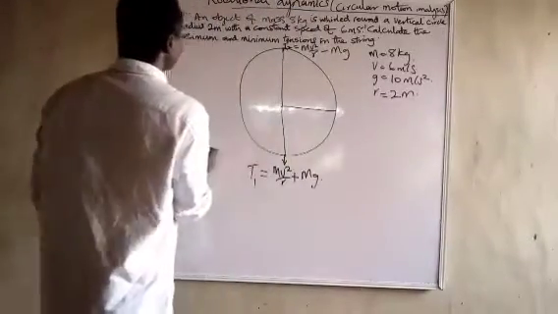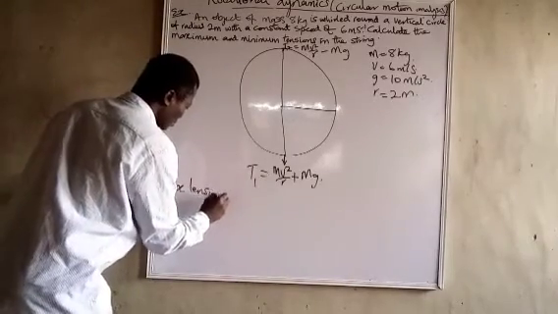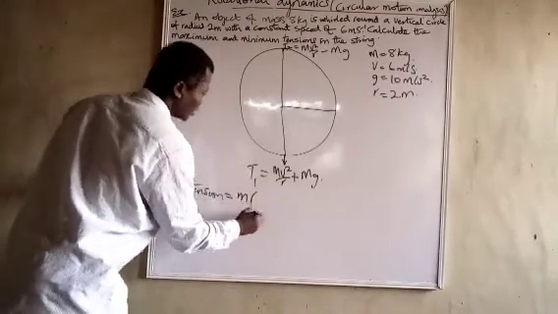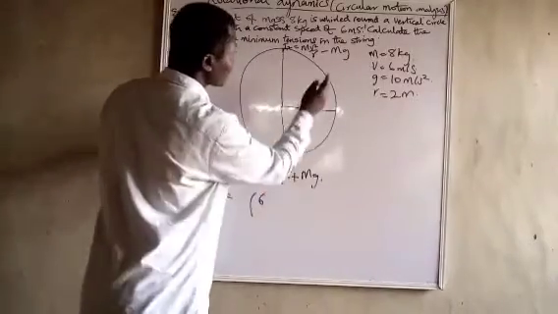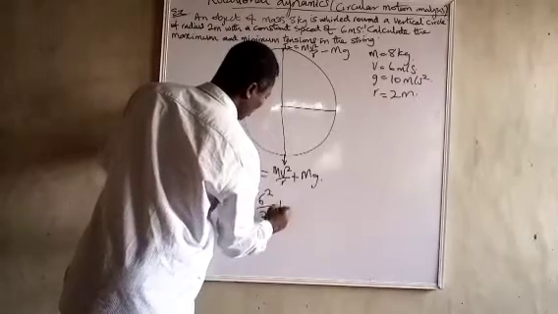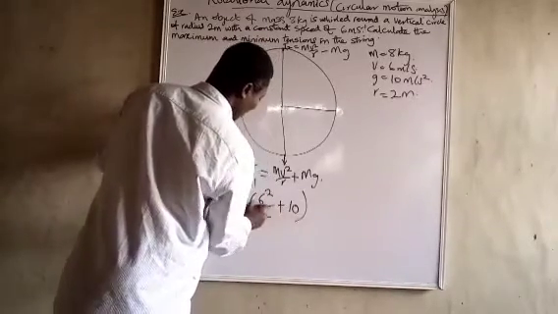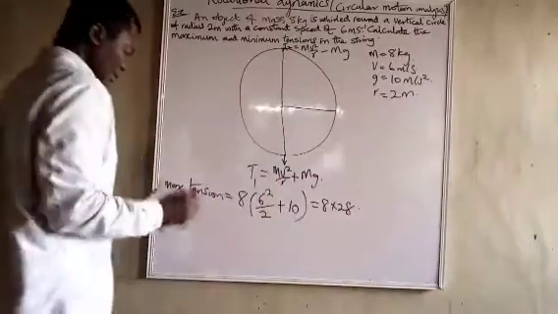Therefore, maximum tension will be equal to m times 6 squared. What's m? 8 into 6 squared divided by 2, plus 10. And by the time you look at it, it's going to be 8 times 20, because this one here is 18.